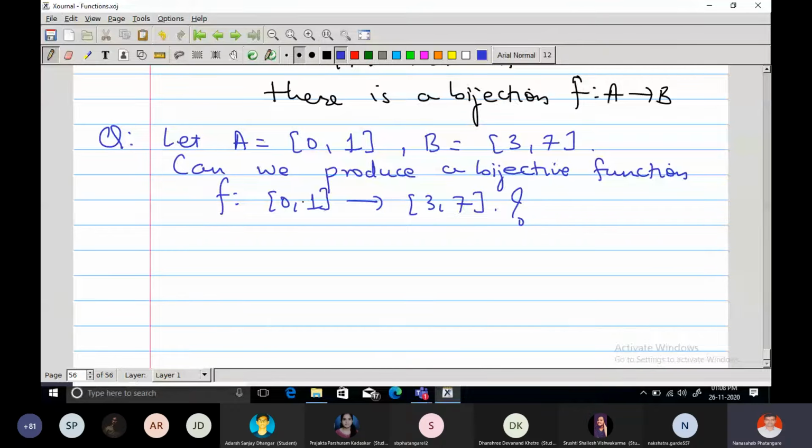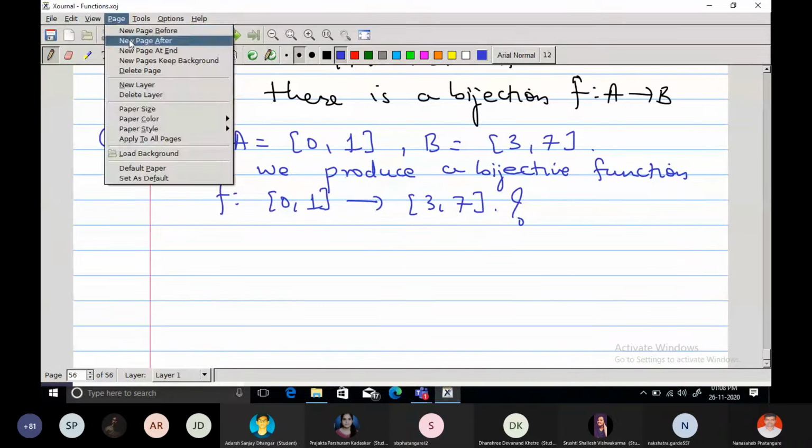So we are given two intervals, 0 to 1 and 3 to 7. Can you produce a bijective function from this interval to this interval?